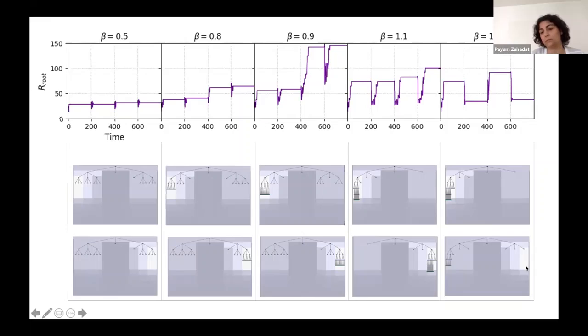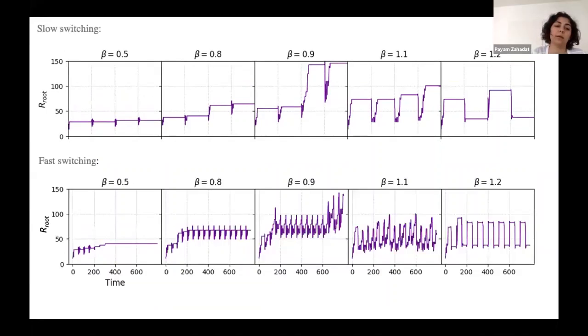So what is made here is enough for the system, and it doesn't allow itself to have a look at the other side, which is now a better place to grow. We can have it with a faster pace of switching, and we see similar traits.